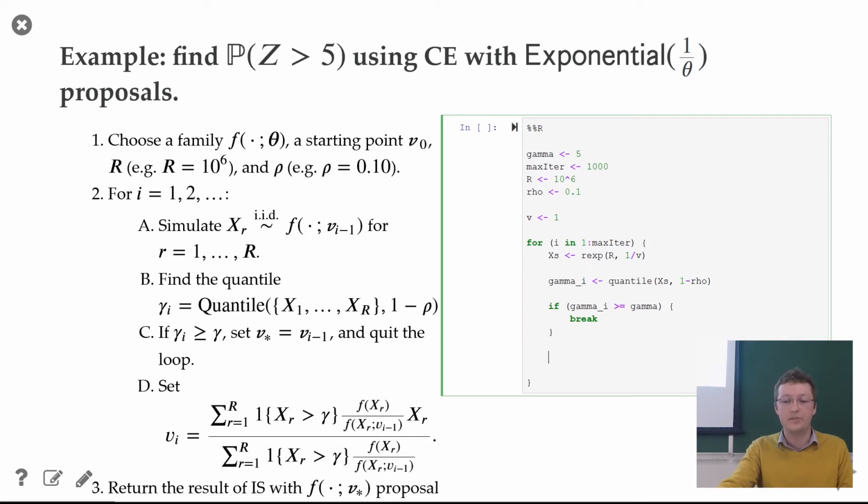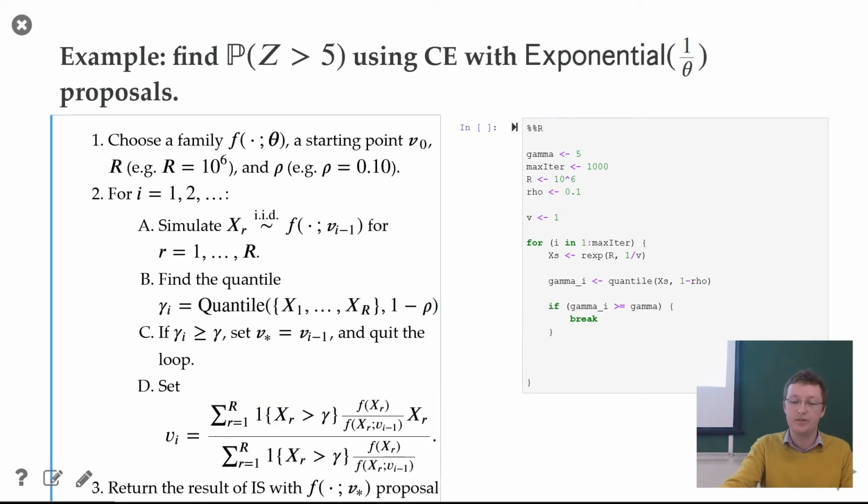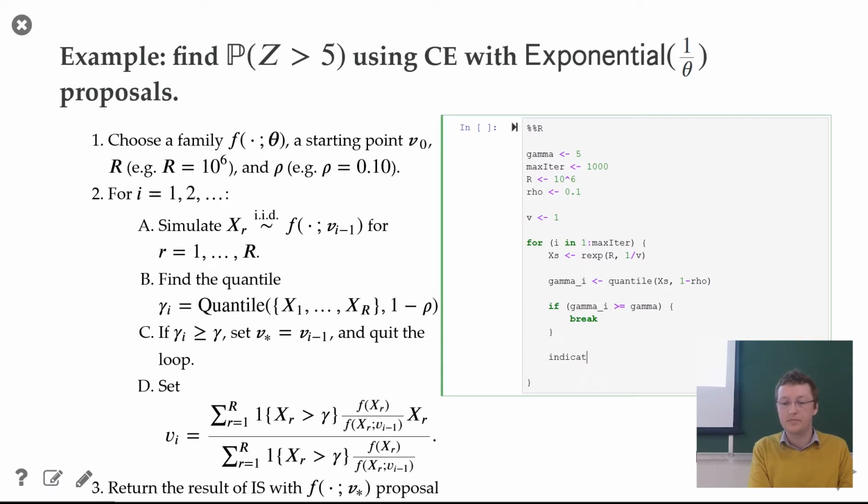And now comes the hard part. How do you iterate from one proposal to the next? That's this thing here. So we'll break it up. We can just do the indicators by themselves. Which x's are greater than gamma i? That'll be a vector of true or false. Then we have the original density divided by the new density.